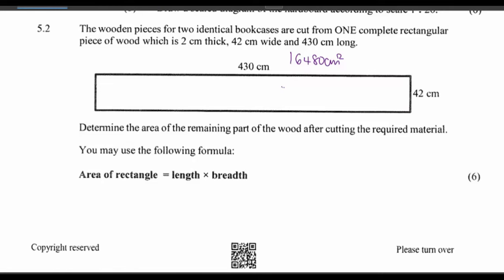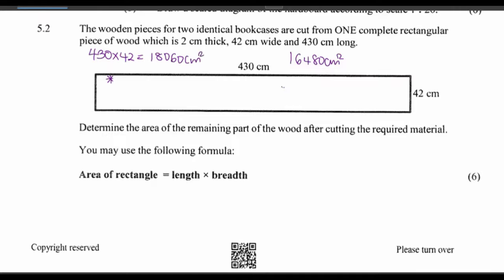Now we find the area of this piece of wood where they're going to cut the other wood. So it's going to be 4 times 42, which gives you 18,060 centimeters, what? Squared.